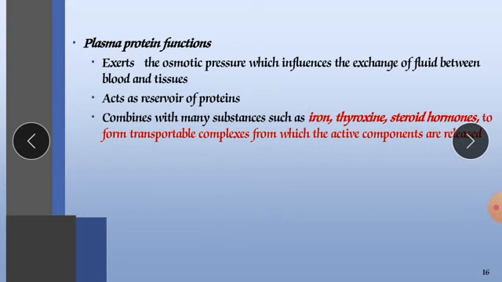The second function is regulation of pH, body temperature and water content of the cells. Third function is protection against blood loss through clotting and against disease through phagocytic white blood cells and proteins such as antibodies, interferons and complements.